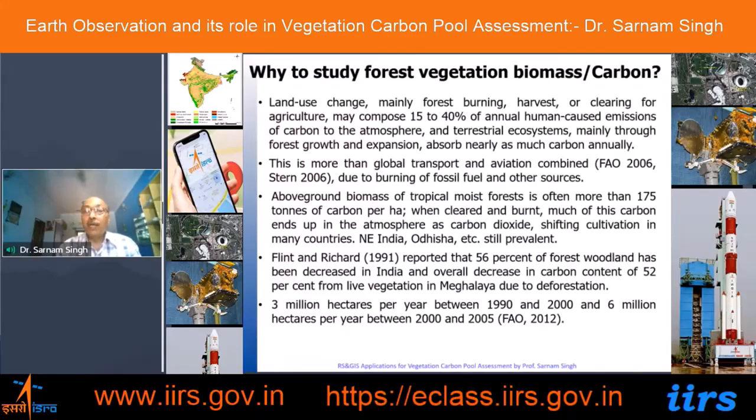And there are plenty of studies using satellite data. There's a very important study which Flint and Richards made for the Asian region, and in India also they have part of it. They say a huge amount of forest has been lost, let us say in the last 100 years or so. Around 50% of woodland has decreased in India.